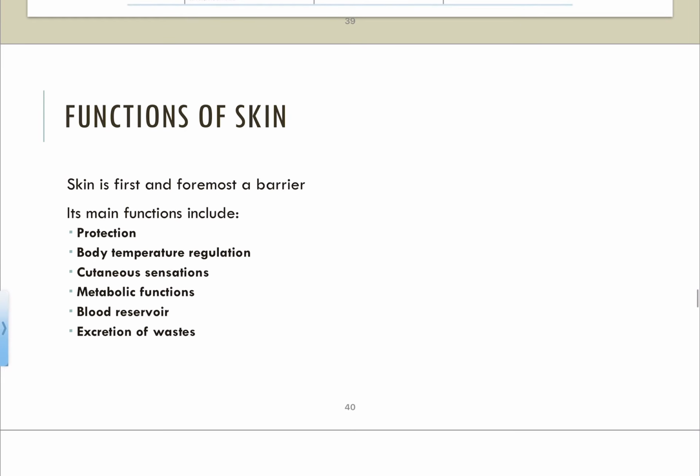Next, let's talk about the functions of the skin. So the biggest function of the skin is basic barrier from an external environment to our internal environment. And some of these functions, as far as a barrier, include protection, body temperature regulation, cutaneous sensations, metabolic functions, and blood reservoir, as well as excretion of waste.